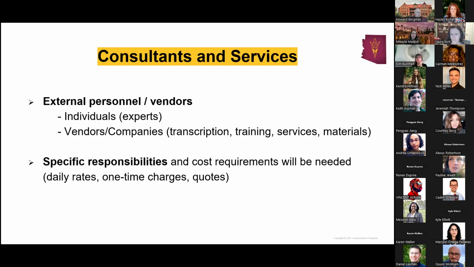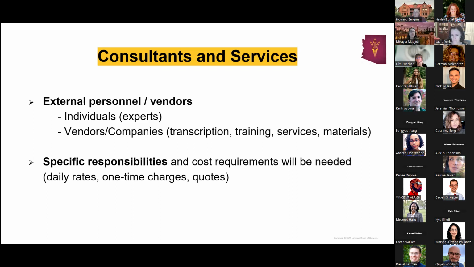How much value will they add to the project? If you're hiring an outside company to provide a specific service or materials, what's their background? Are you including consultants to help design the activities, conduct research, or interpret and analyze the data? Those specific responsibilities will be detailed out in the budget justification.